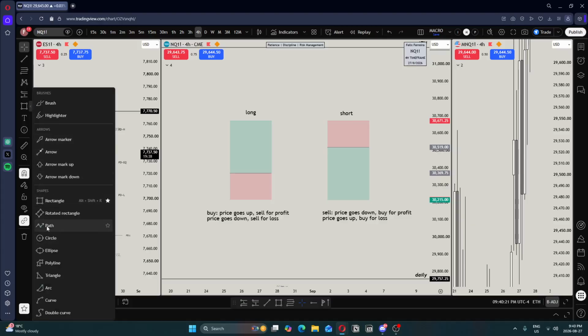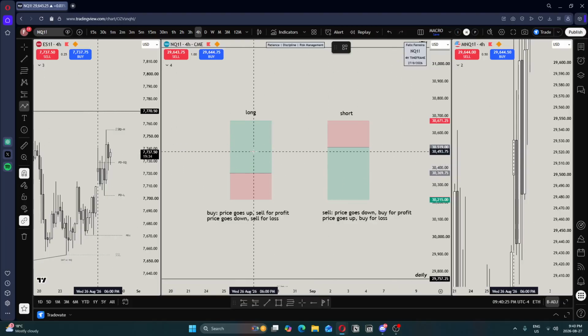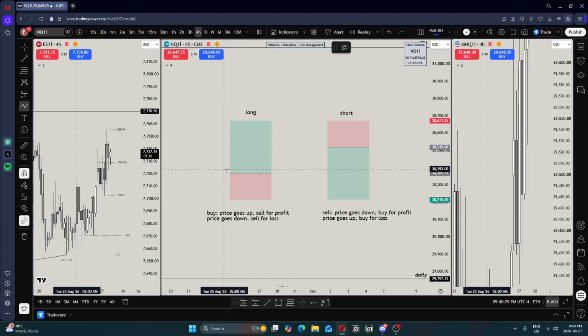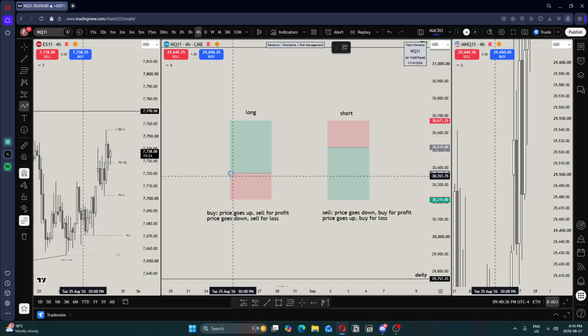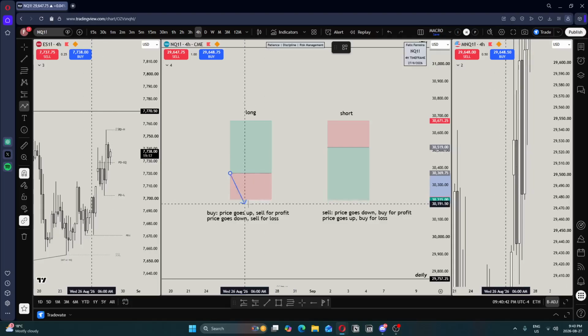So just to mark this out as an example, I have the position tool here, two simple trades. Your entry is at the middle right here where the red and the green collide. For a long position, you enter here. If price goes down below the bottom of the red box, that would be your stop loss for this example.